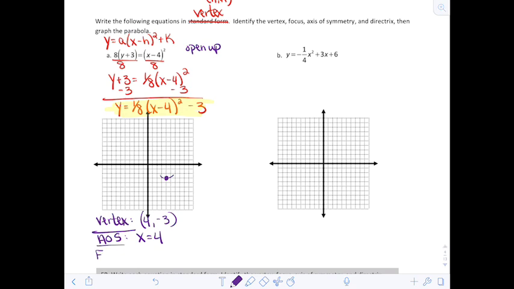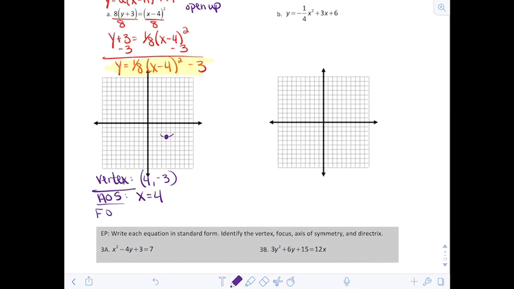Now, the focus and the directrix. We need to get that p-value. So here's my axis of symmetry. There's my vertex. So my focus, remember, A equals 1 over 4p. So my A value is 1/8.